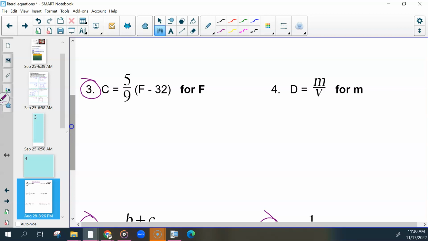And then we would still have to get rid of the 5/9 eventually. What could we do instead of distributing? By what? Okay. Instead of dividing by a fraction, what would we do instead? Because that's not technically wrong, we just wouldn't write it like that.